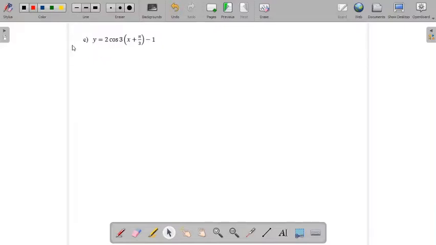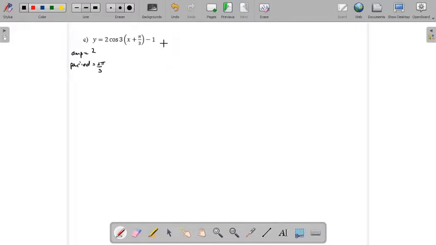So let's break it down and start with the things that we normally would and write down what our amplitude is, which is 2, period, which is 2 pi over n, and our n value is 3, so that's 2 pi over 3.